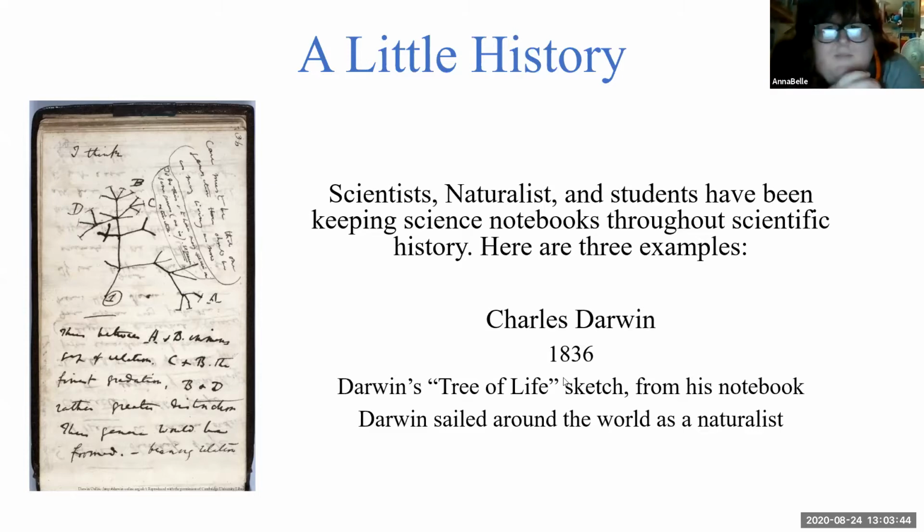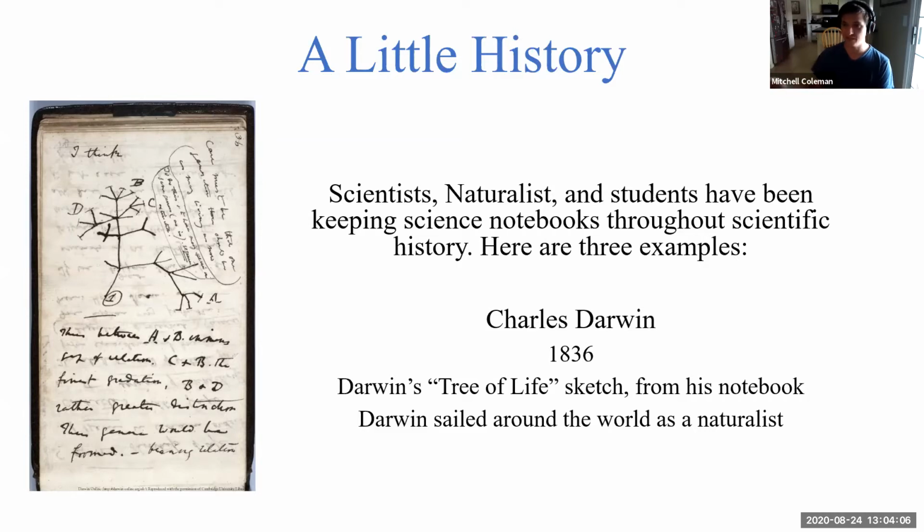In the 1830s, he was doing his voyage on the Beagle. That was 5 years, which included a trip to the Galapagos, which is what he's most famous for. And throughout that entire 5-year period, he was recording in a nature journal, a biology journal, basically everything he saw.